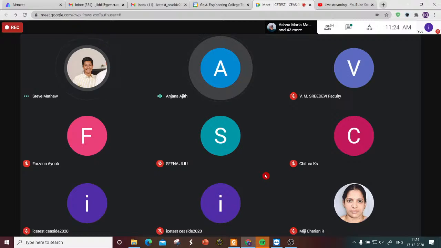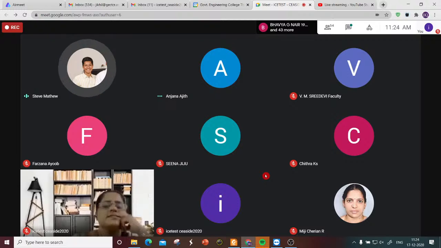Actually, what is the shape of this paving block that you have made? Ma'am, it's rectangular shaped. Ma'am, we didn't conduct any test because of this COVID pandemic. We are just proposing the methodology for this design. Okay, I can continue.